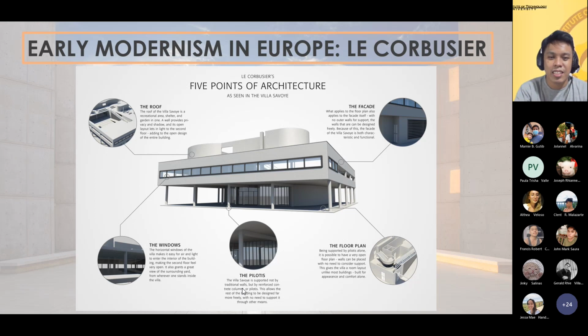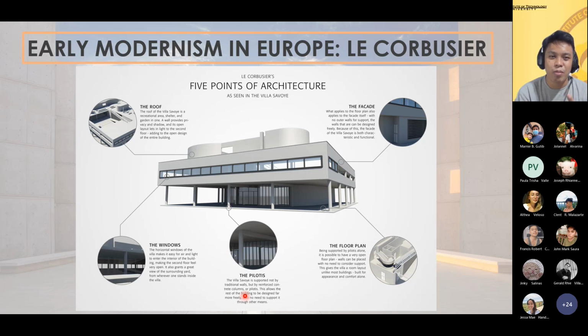And please note these 5 points of architecture because it's very important and usually asked in the board exam. So Le Corbusier's idea in the 5 points of architecture is that you have a flat roof. For Le Corbusier, this is what defines architecture.